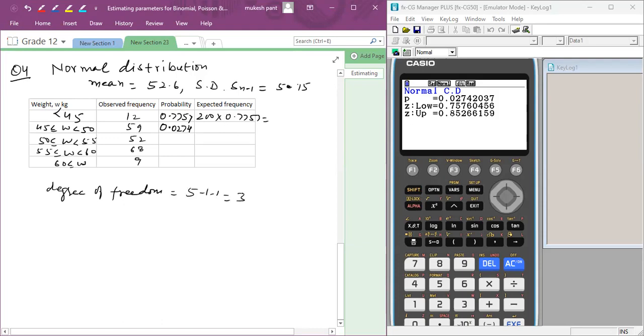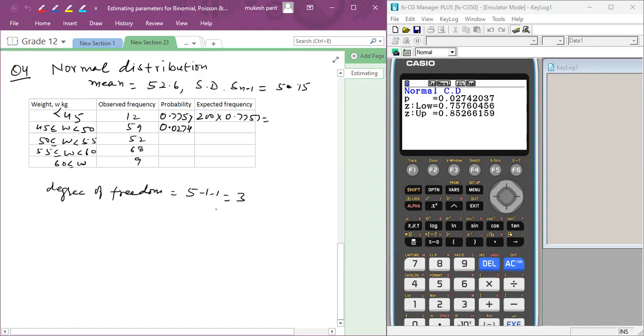But be careful whenever you get the expected frequency. If any expected frequency is less than 5, you need to add that row to the one before or after it, depending on the row. If all are greater than 5, then no problem, and this will be the degree of freedom.